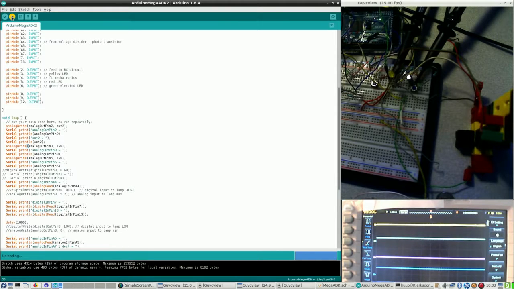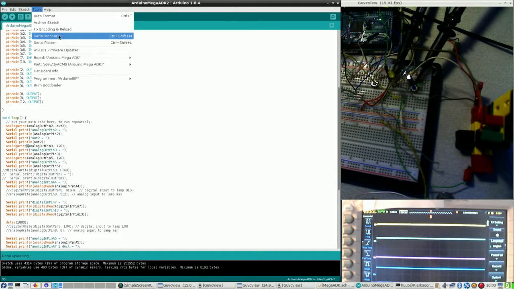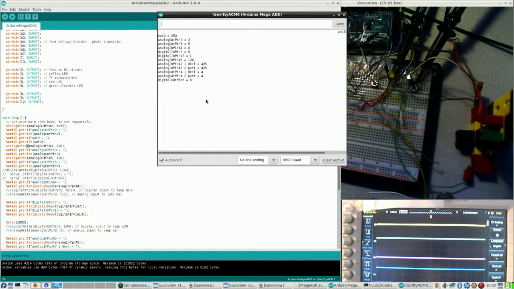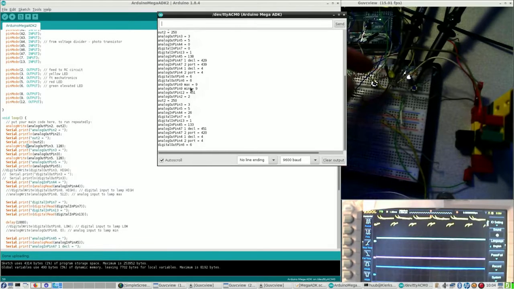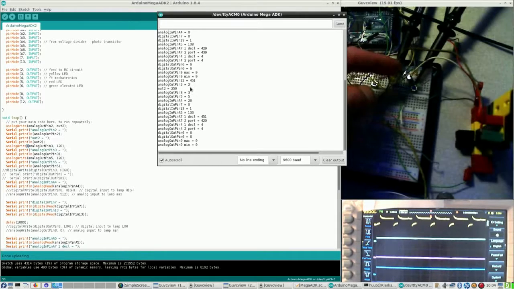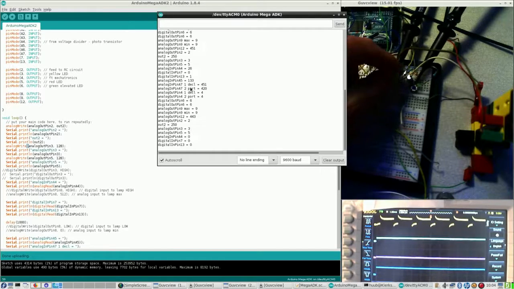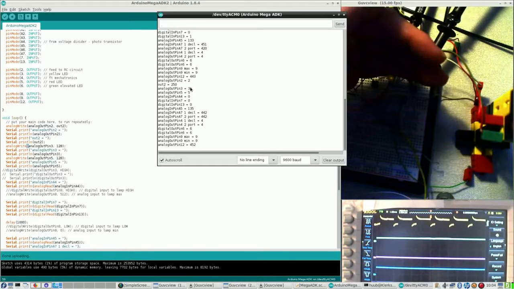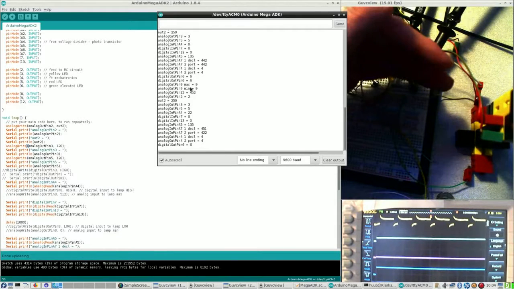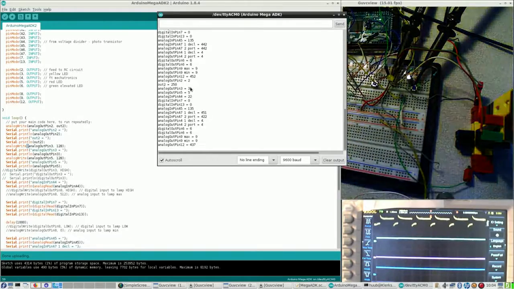Go. Monitor. And it says analog out pin 3 is 3. But when I look at this, not doing anything. Well, a faint glow, and that's it.